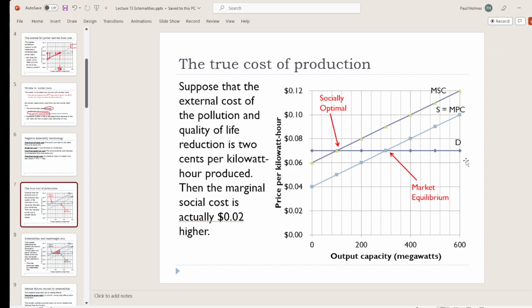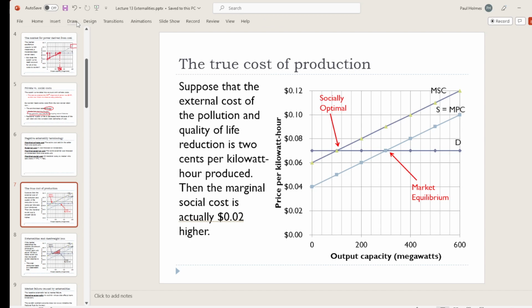So in our example here, I imagined that the cost of the pollution, etc., the external cost, was 2 cents per unit. Doesn't sound very big, but we're talking about a total cost in the range of about 5 to 10 cents. So 2 cents is actually a pretty big cost.